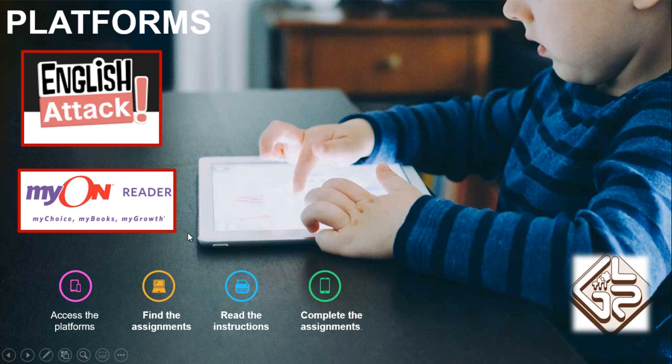It could be either a summary, a chart, or a description, so you have to look at and read the instructions and finally complete the assignments. Okay, guys, so don't forget to check your platforms, English Attack, MyOn as well.